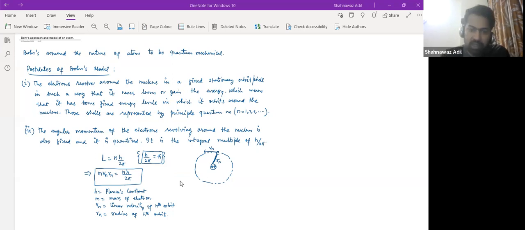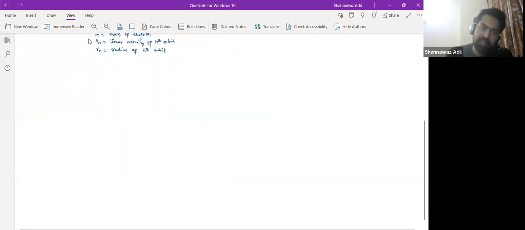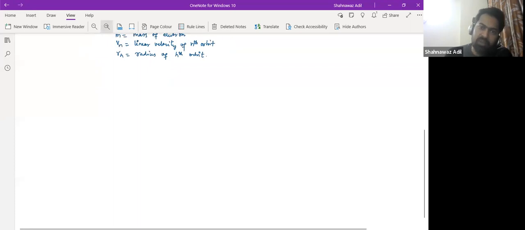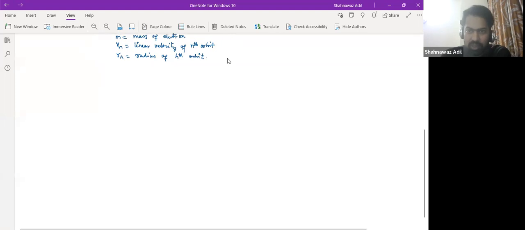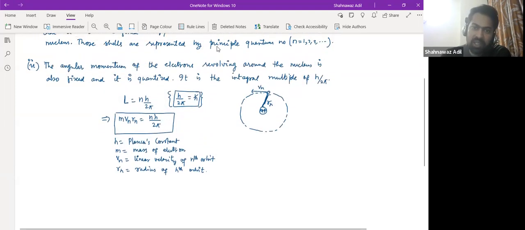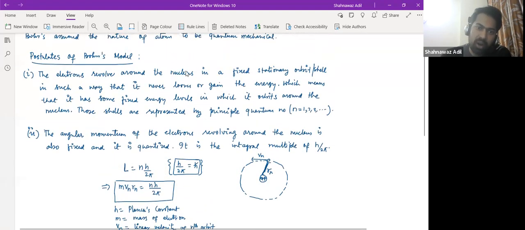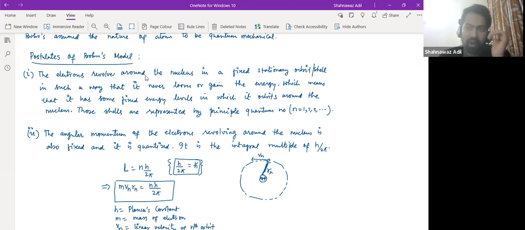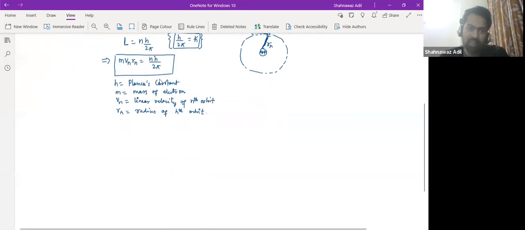The third postulate that he gave was about what we should do to change the orbit of the electrons. We know that the electrons are in a fixed orbit, then how can we change the orbit of the electron? So let's say electrons are in one energy level and you want to change the energy level of those electrons.